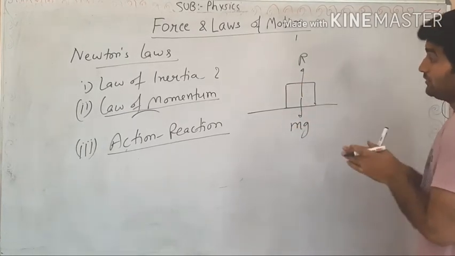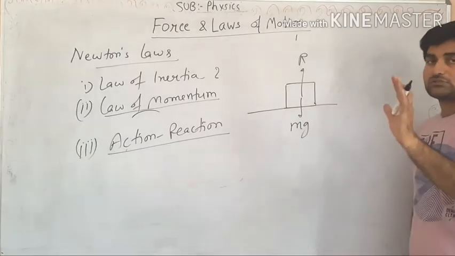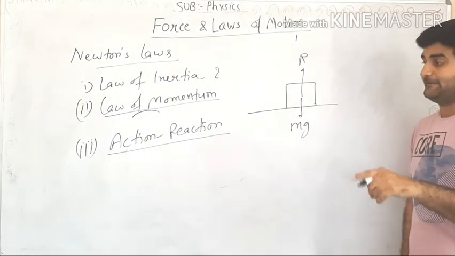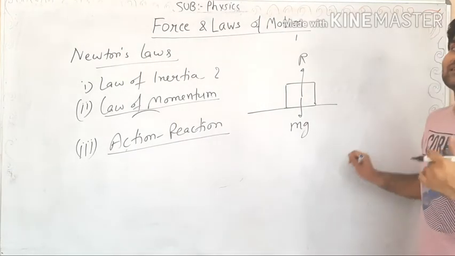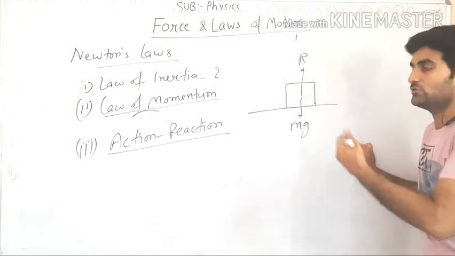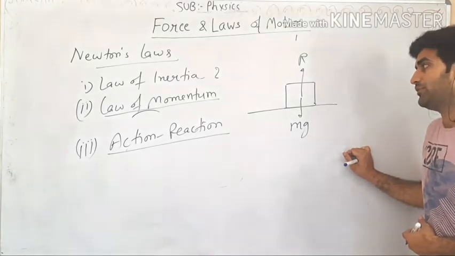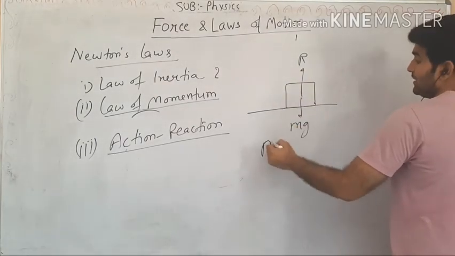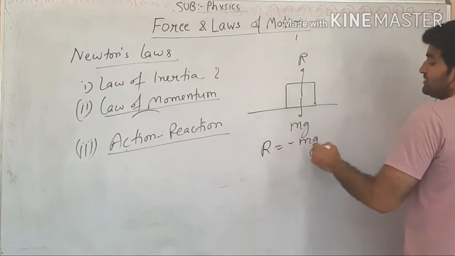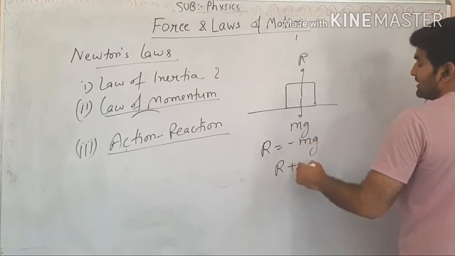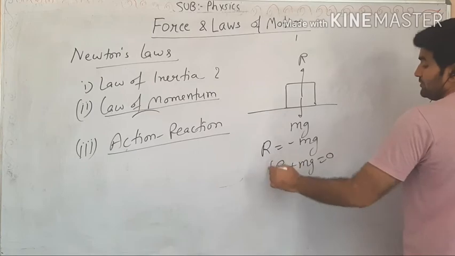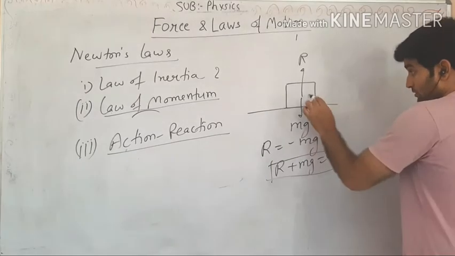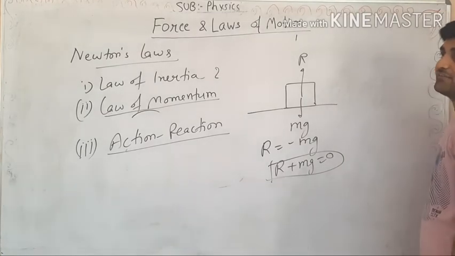If there is a force, definitely there will be another force, equal and oppositely acting. It means every action has an equal and opposite reaction. This is the action reaction law. In this condition R equals minus mg, and the net force on the body will be 0. This is the balanced force condition.